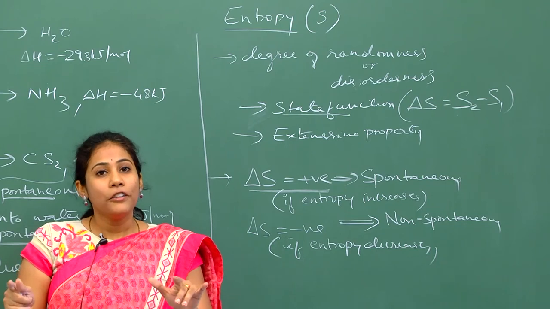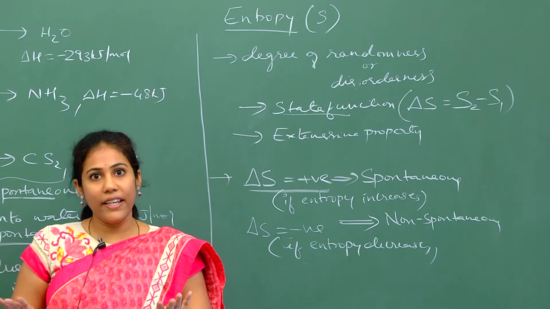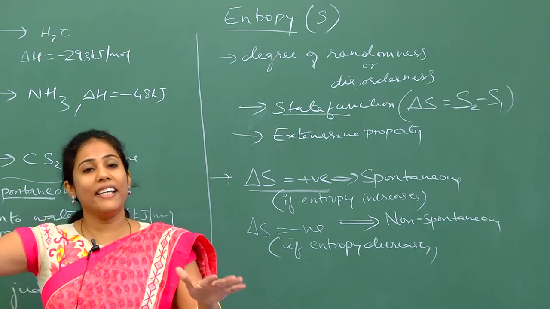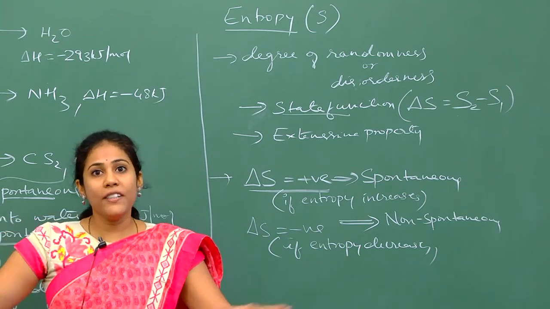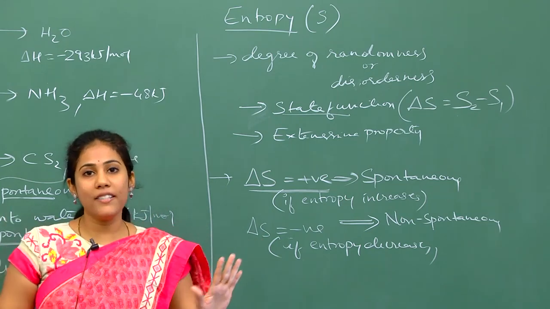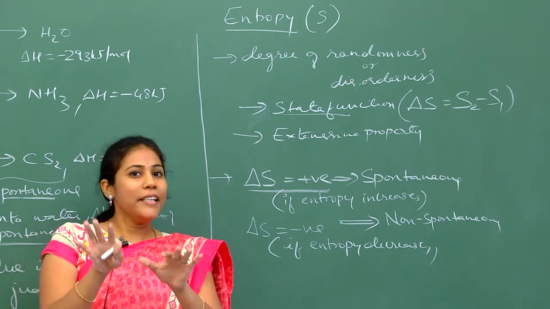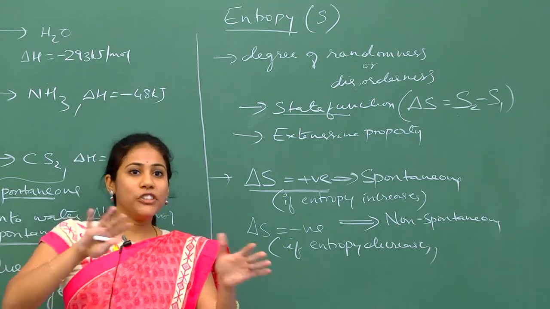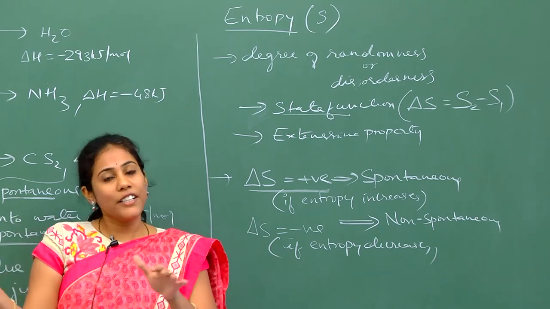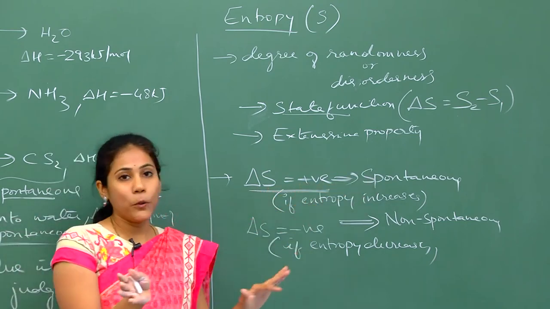But to make you disorderly, if you want to move in a random way, I need not struggle too much; if I just go out, your disorderness automatically increases in the class. Yes or no? So this is a slight proof that any natural process that can occur on its own is always associated with an increase in entropy.